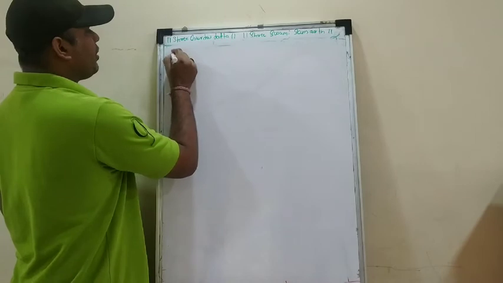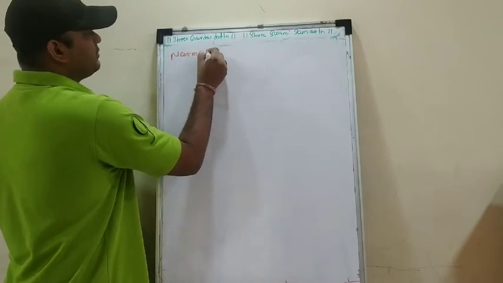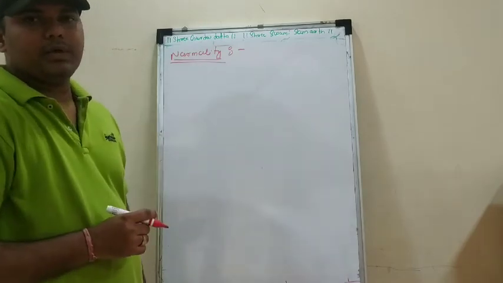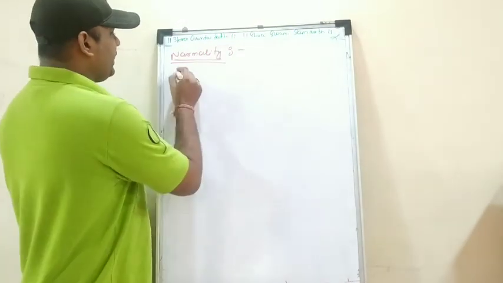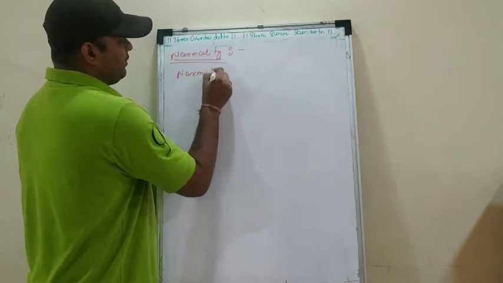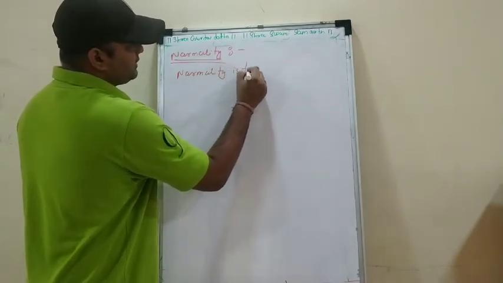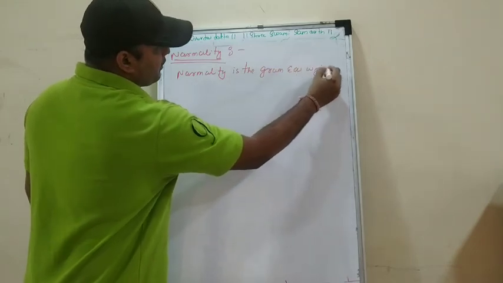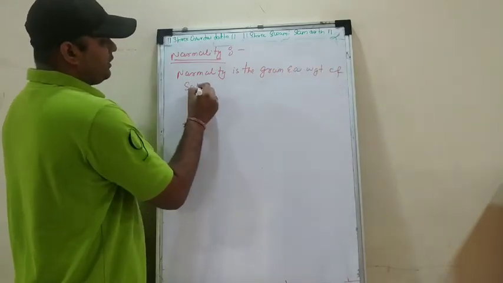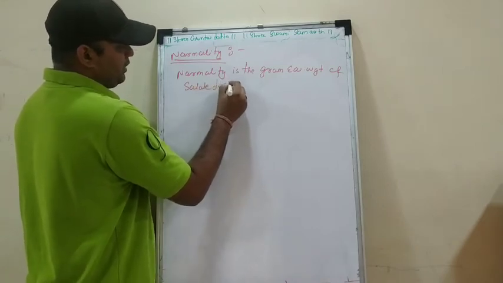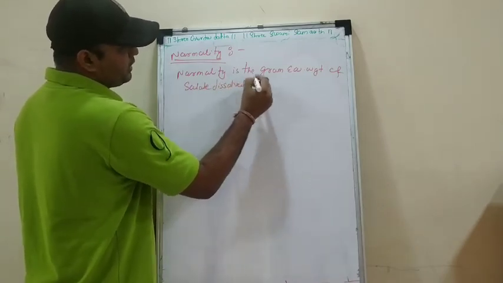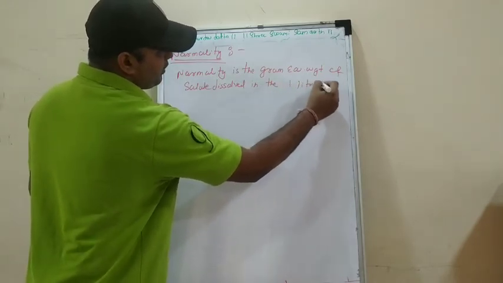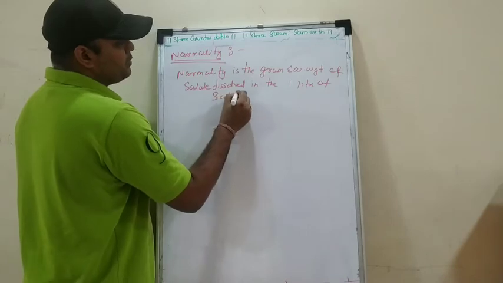Now let's understand what is the normality. This is also a very, very important term. Normality is the gram equivalent weight of a solute dissolved in 1 liter of solution.